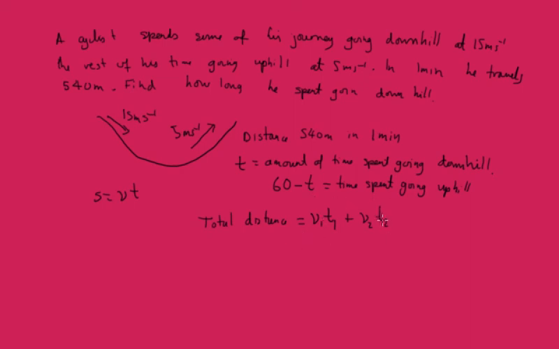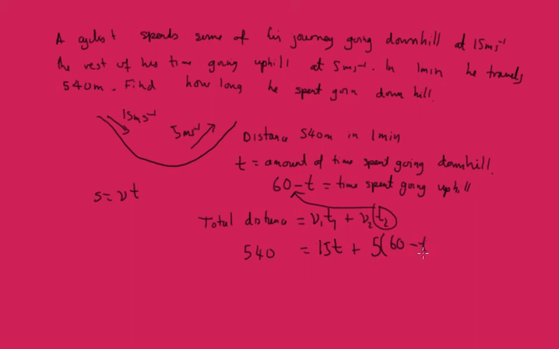But we know that T2, the time going uphill, is 60 take away the time going downhill. So total distance is 540. The velocity V1 is 15, and we've called T1 just T, plus the velocity going uphill is 5, times 60 minus T, so we're going to put that in instead.